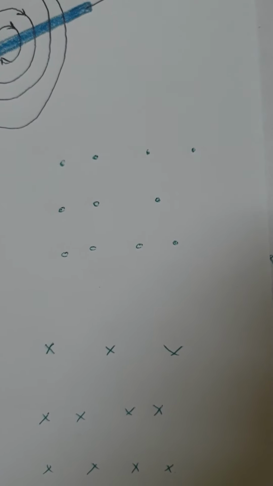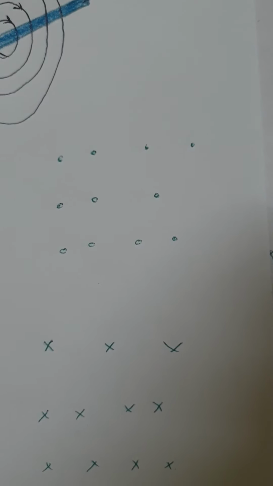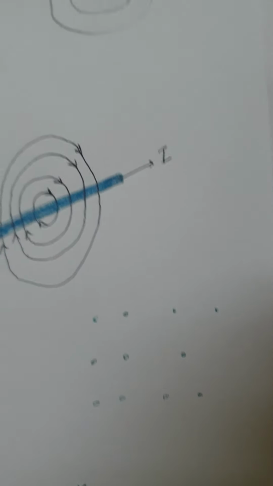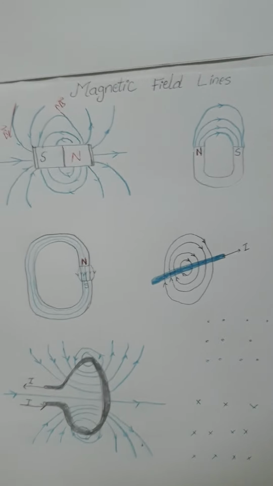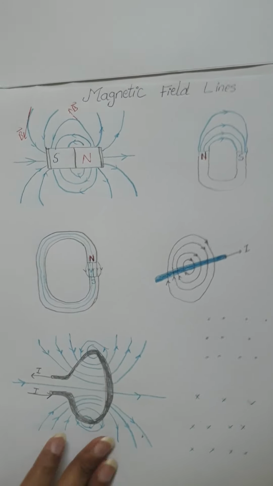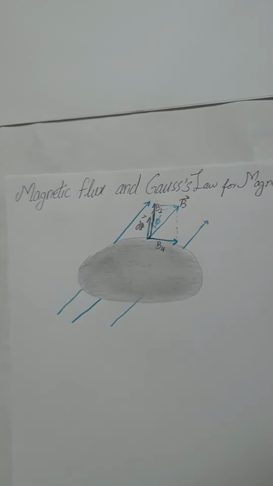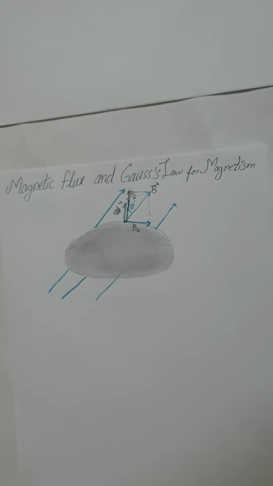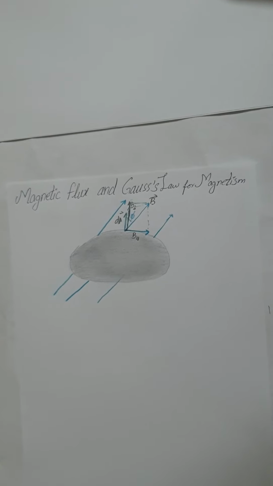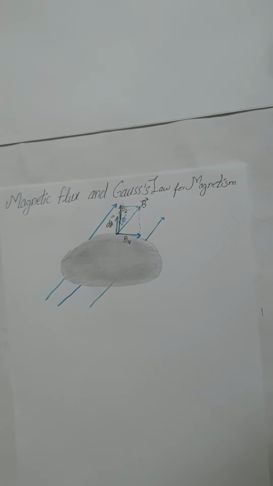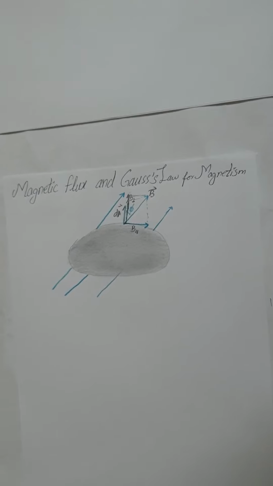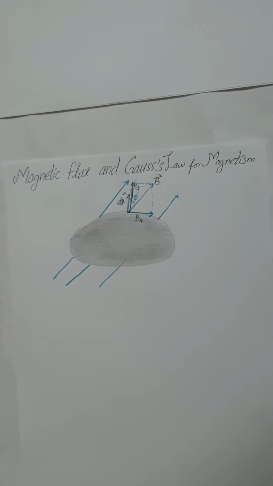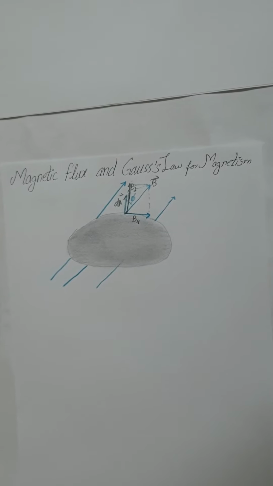So now let's discuss the concept of magnetic flux and Gauss's law for magnetism. We can define magnetic flux through a surface just as we defined electric flux, and we can relate electric flux with Gauss's law, so we can do the same here.